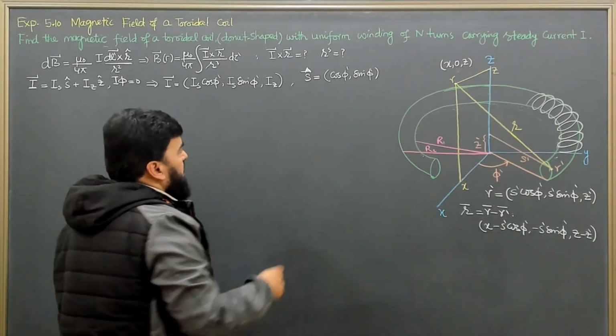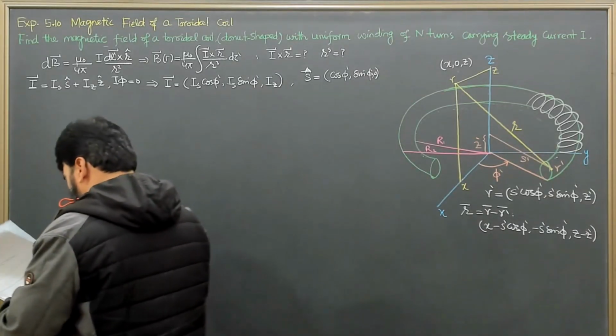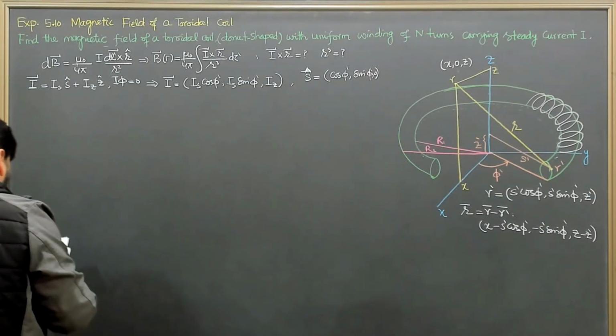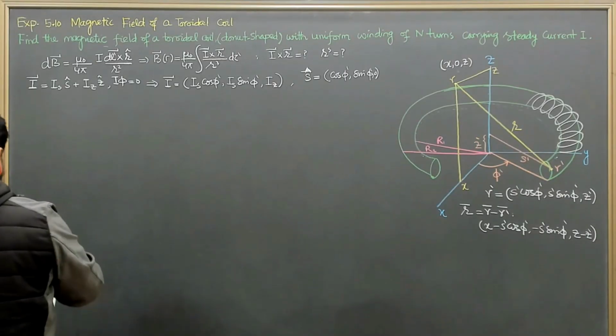So I can write Z0 here. We are now all set for our calculation.